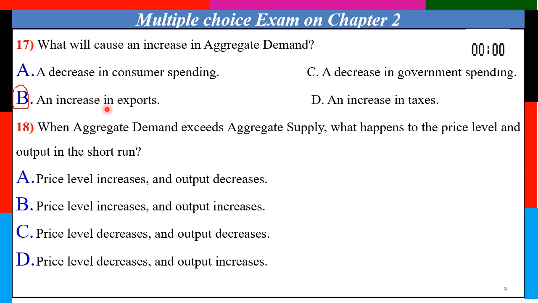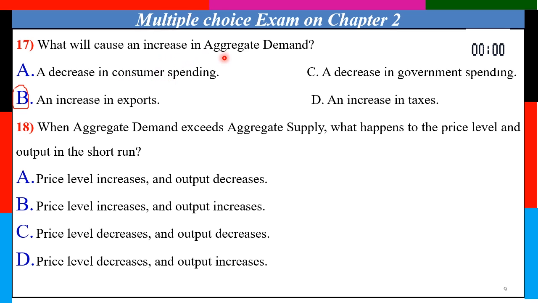Net exports increasing means aggregate demand is increasing because there is a positive relationship between net exports and the aggregate demand. As you know, aggregate demand formula is what? Aggregate demand is equal to consumption plus investment plus government expenditure plus net export. So, decreased consumption cause aggregate demand to decrease.